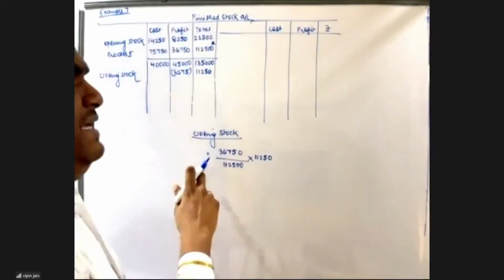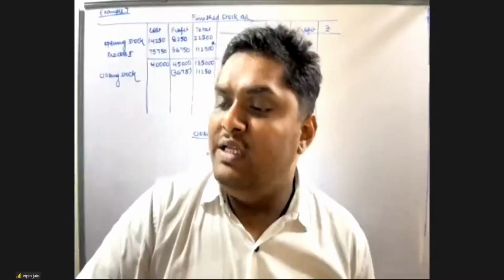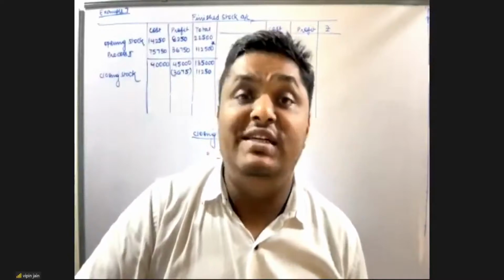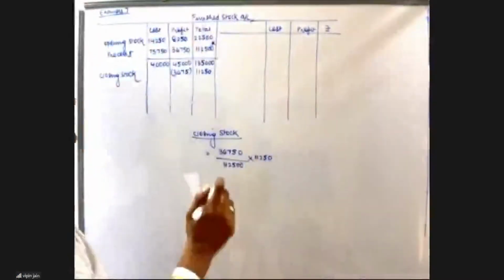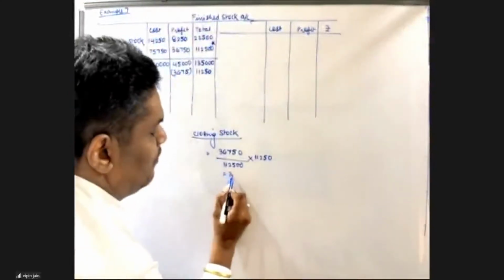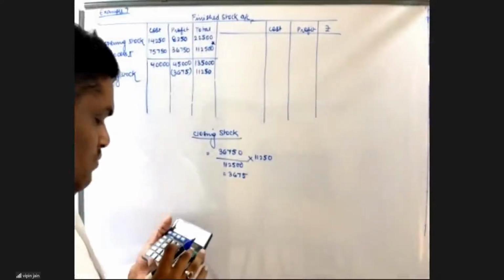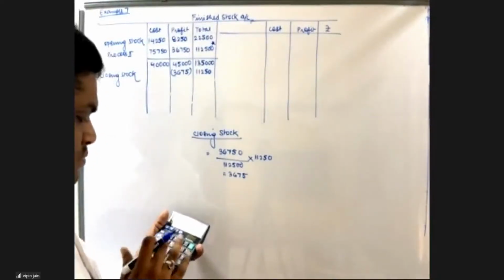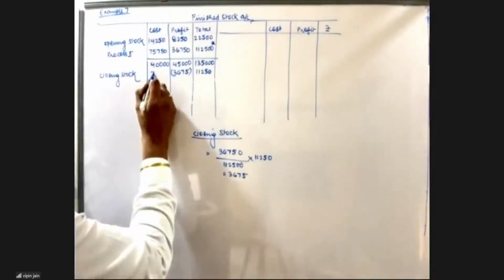Why am I taking these figures? Because it is given in the question that the finished stock is valued at the price at which it is received from process second, not the total value. So this will be 7,575.